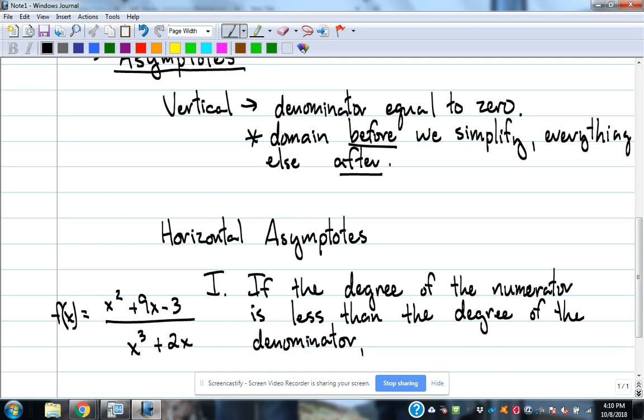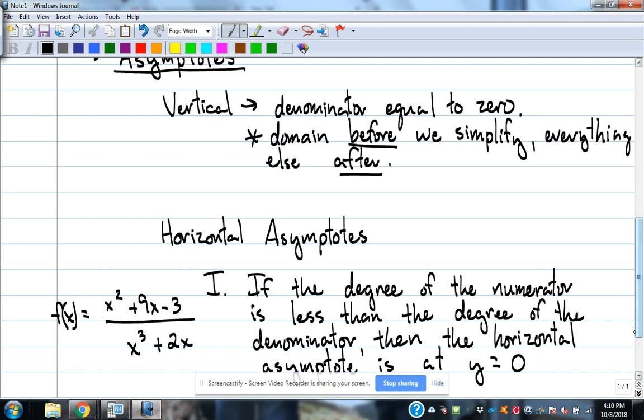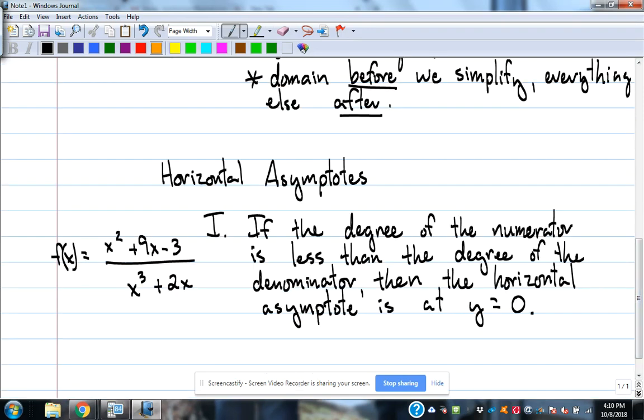If that's what's happening, you look at those degrees, it doesn't really matter what else is happening, then the horizontal asymptote is at y equals 0.